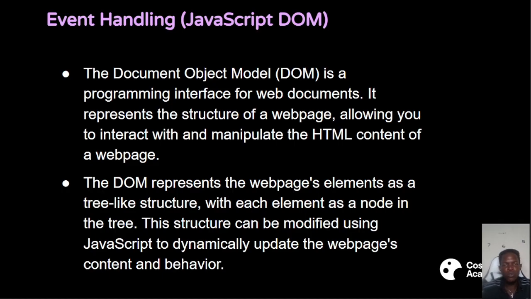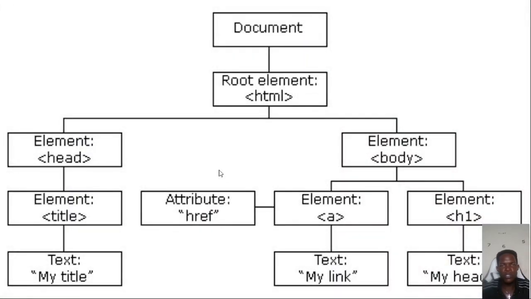You use JavaScript to manipulate your HTML content, to change your title, change your element, add, subtract, anything you want to do. But to do that, you need to understand how the page is structured. We have a visual representation here.